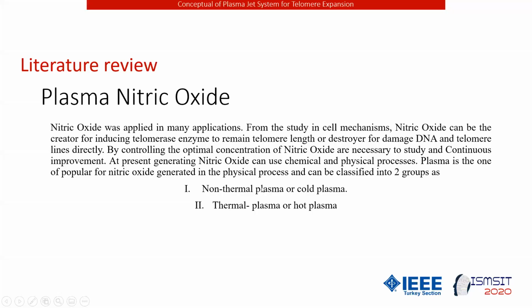So how important is plasma nitric oxide? Nitric oxide, as I told you before, can be applied in many applications. From this study, in the cell mechanism, nitric oxide can be a creator that induces telomerase to maintain telomere length, or destroy and damage DNA and telomeres directly, like this picture.